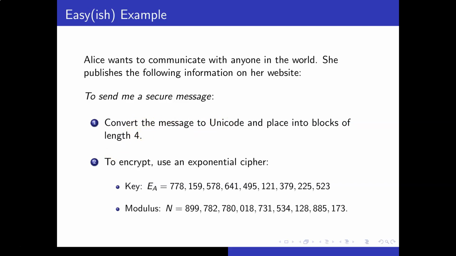And then you're going to use an exponential cipher. But what she does, she gives you the encryption key, which is this very, very large number. And she also gives you the modulus that you're to use. She lets this out freely. Anybody can access this information.